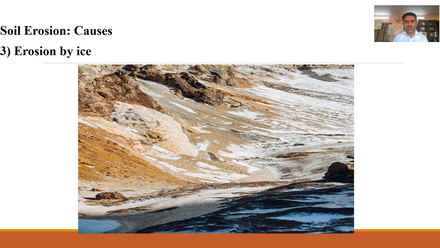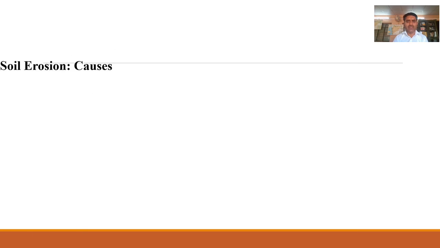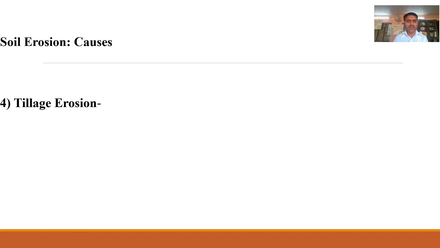Whatever soil formation occurs over there gets eroded by the ice, and this is particularly found in the polar region, the Himalaya, the Alps, and the Rocky Mountains.